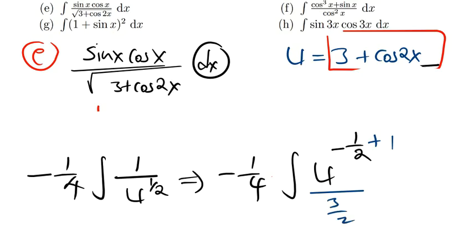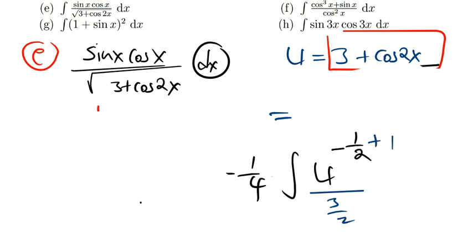Okay, so therefore the answer becomes, so maintain the negative 1 over 4, multiply by u to the power 3 over 2. Dividing by 3 over 2 is as good as multiplying by the reciprocal, 2 over 3.